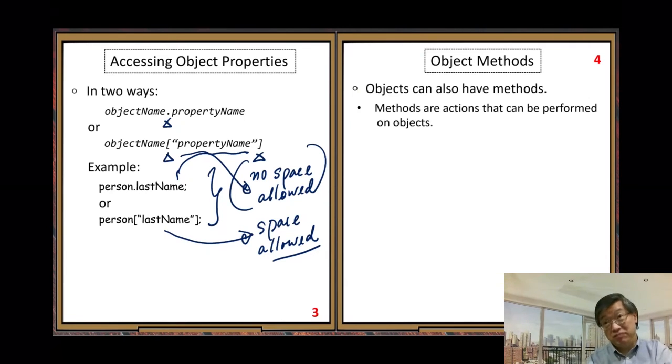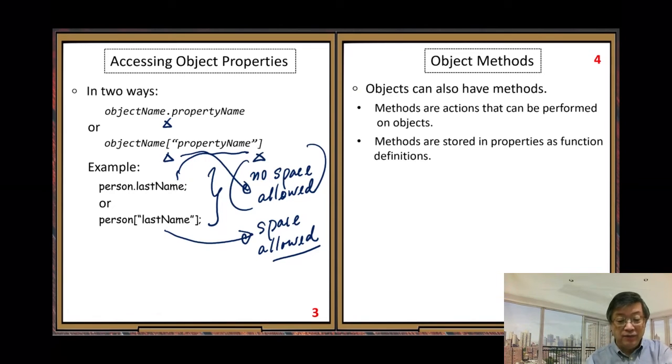We know that concept first. Second, methods are stored in properties as function definitions. So here we can store a method as a property, in the property format. We treat it as a regular property, but actually we have a method.